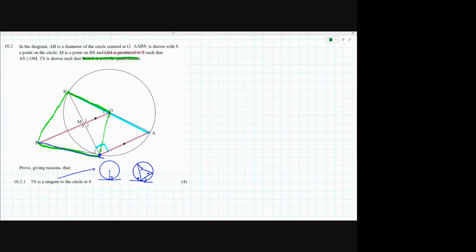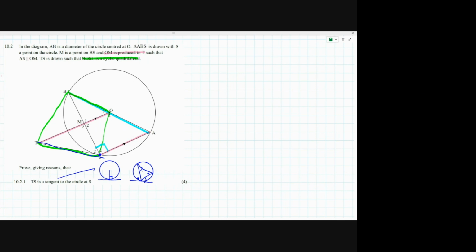So try and avoid having to join in or construct things in your diagram. That only leaves me with my tan chord theorem, trying to prove that the tan chord theorem exists here, that my angles are equal. We need to be very careful when we have a look at these things.